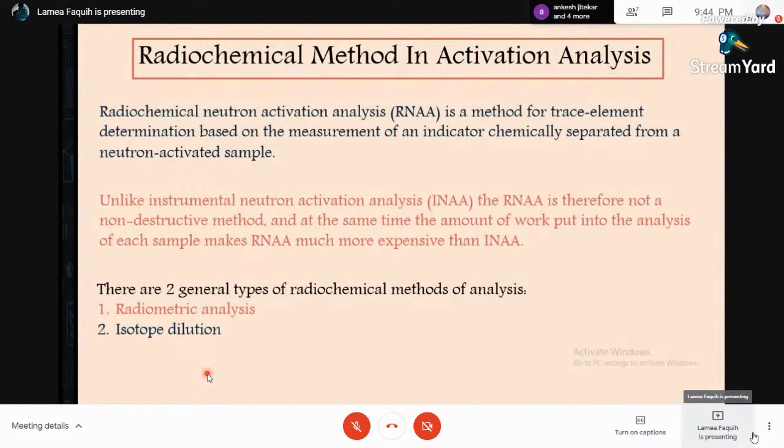But unlike that, the radiochemical method is non-destructive, and it is also less expensive. That gives us a plus point to use this technique. Now we're going to talk about two techniques under this: radiometric analysis and isotope dilution.